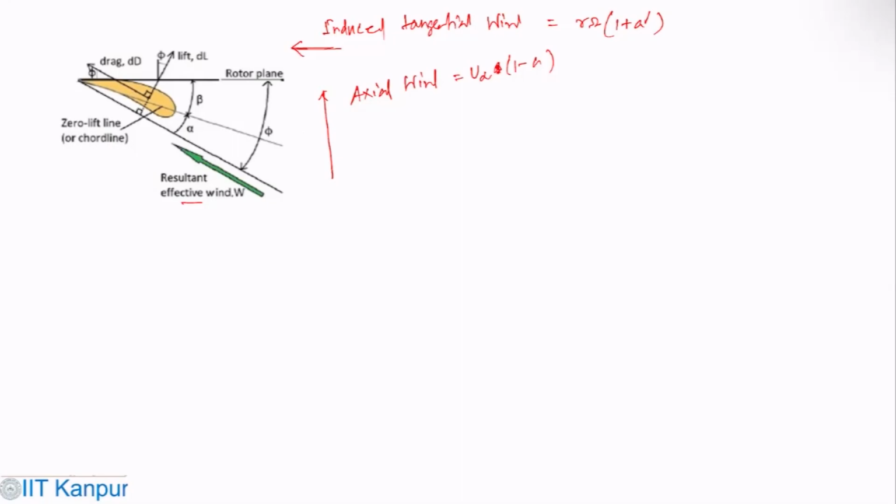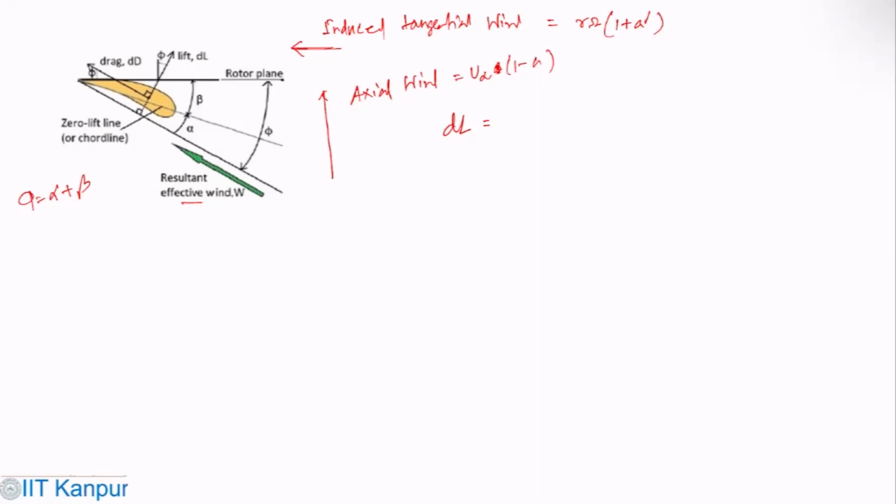Now, what we can write: dL is the lift component on this blade element, which is shown again. Your flow angle phi is alpha plus beta, where alpha is the angle of attack, and this is your chord line.